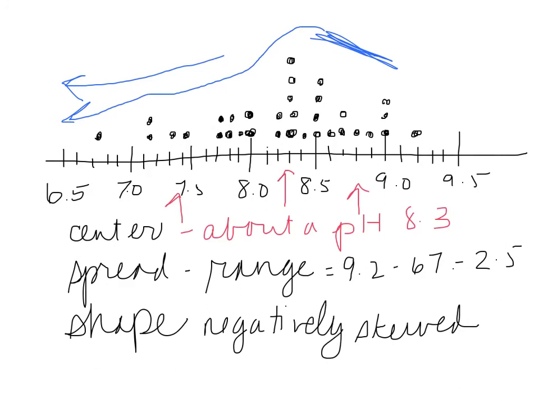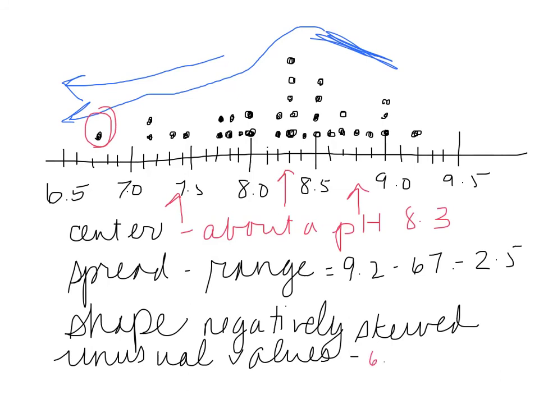The last thing we need to observe are any unusual values, any values that stick away from all of the others. In this case, I'm looking down here at this value. That value of 6.7 is far away from all the others. That means it is an unusual value.